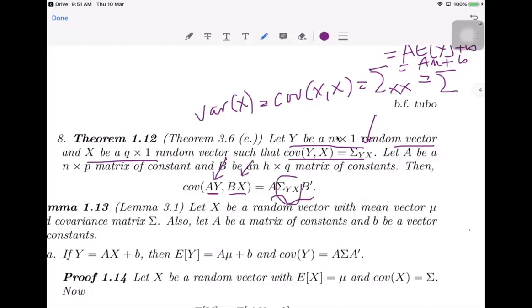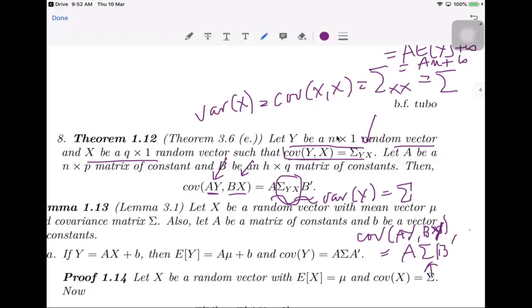So instead of talking about the variance of y, or sigma in the previous result, the covariance of ay and bx is equal to a sigma b prime. This time the middle matrix there will be the covariance of x and y. Okay.